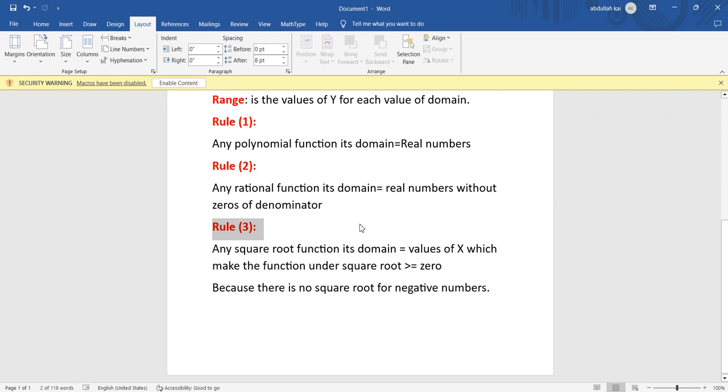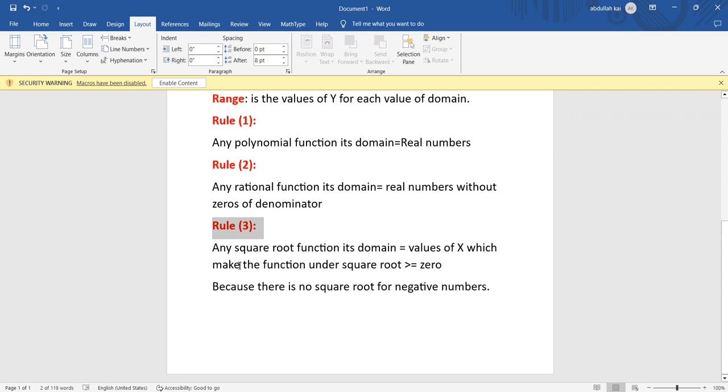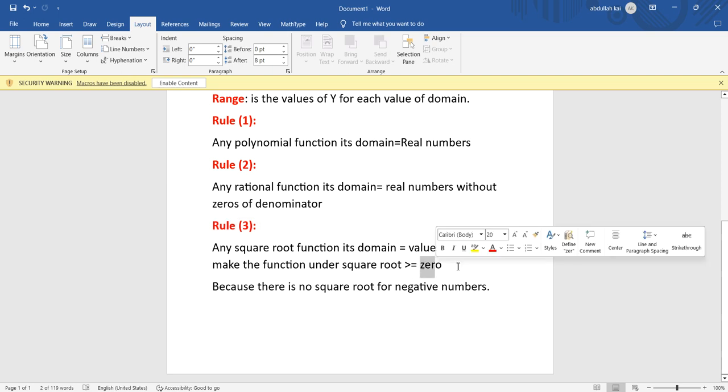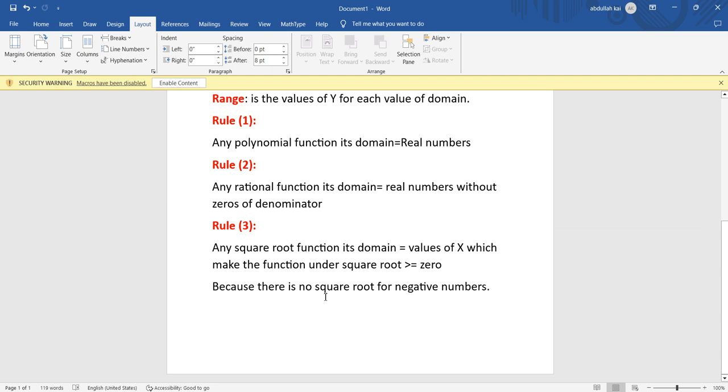So let's discuss the third rule. For any square root function, its domain equals the values of x which make the expression under the square root larger than or equal to 0, because there is no square root for negative numbers. Let's see this example.